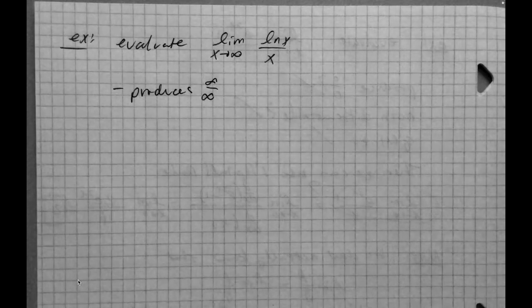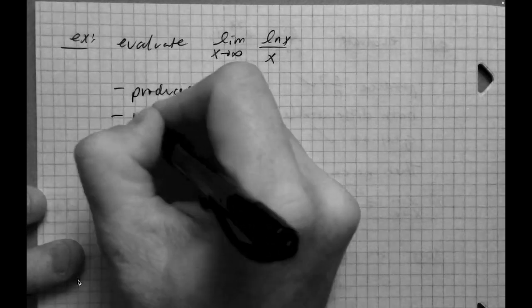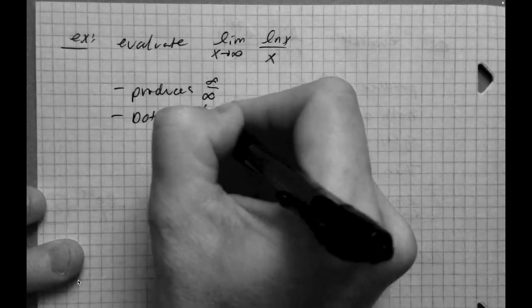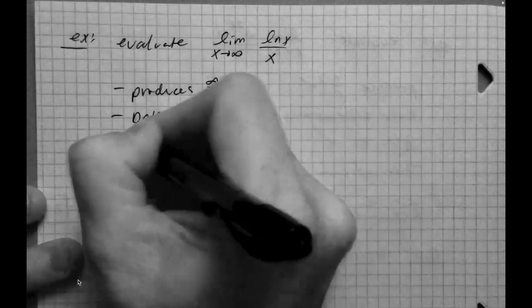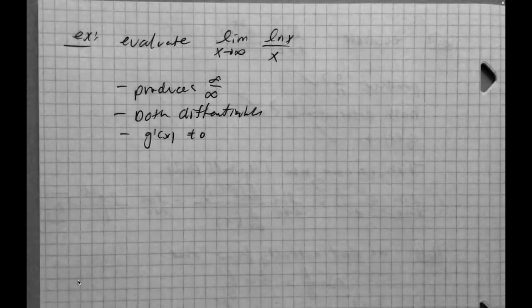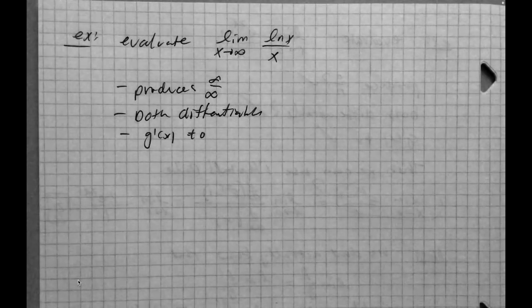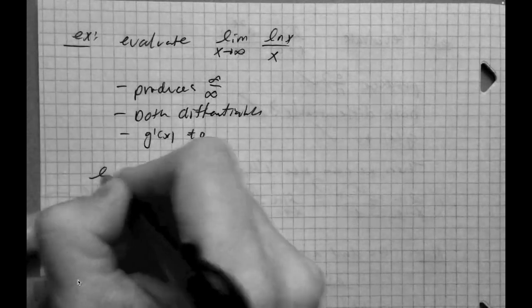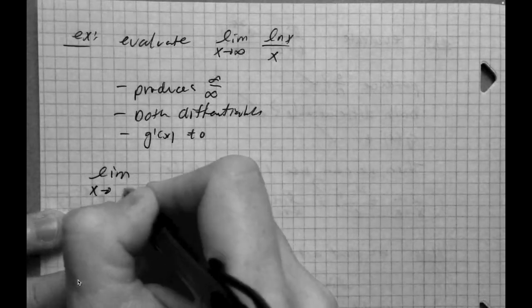We know that these are both differentiable, and then g prime of x is non-zero. So we can see all of these things just by looking at it. So let's try to plug that in and see what happens.